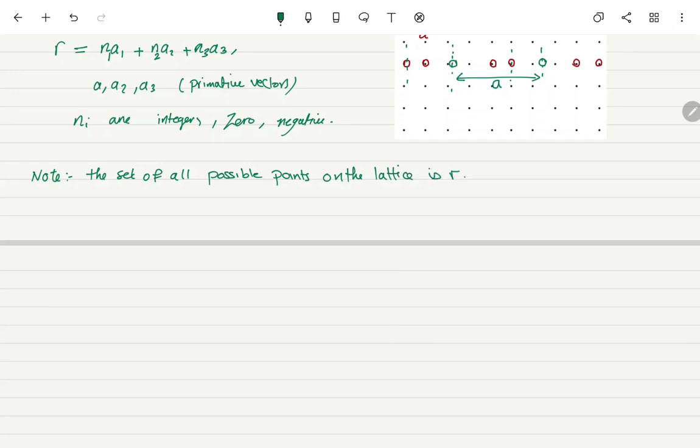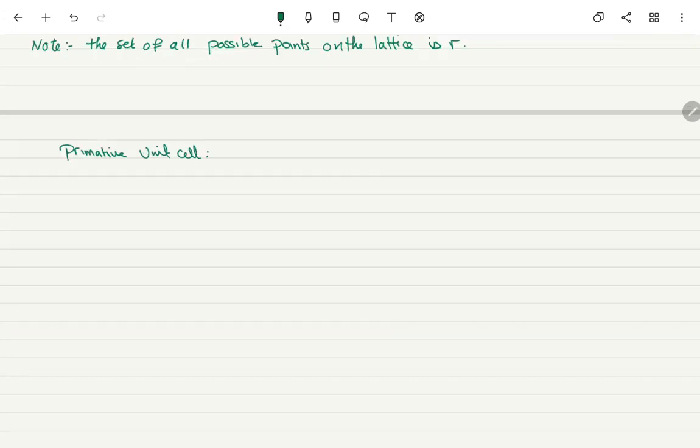Now, before defining a basis, we must define primitive unit cell. Now consider that we have a cubic system, it's like this one here. Now this is A1, and this is A2, and this is A3.